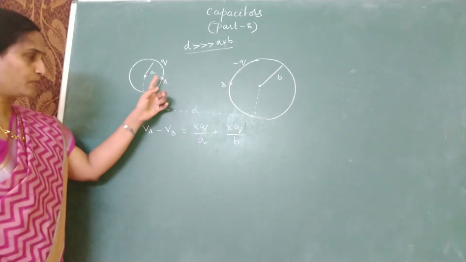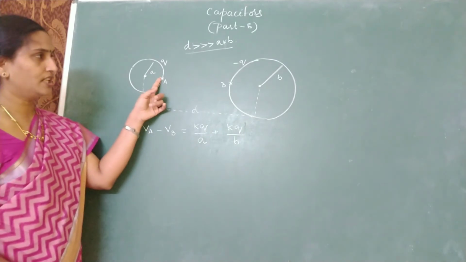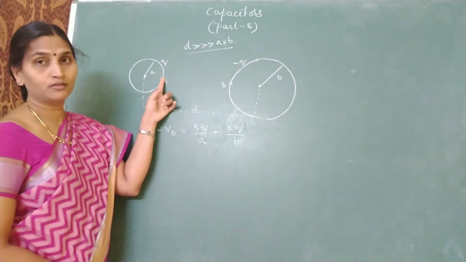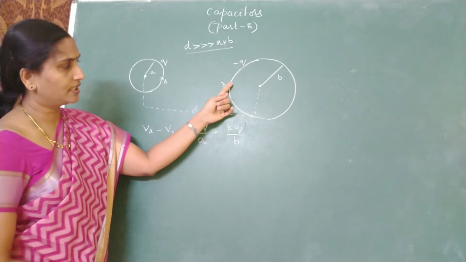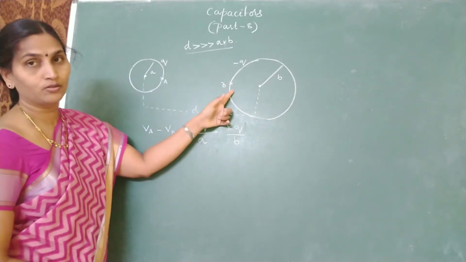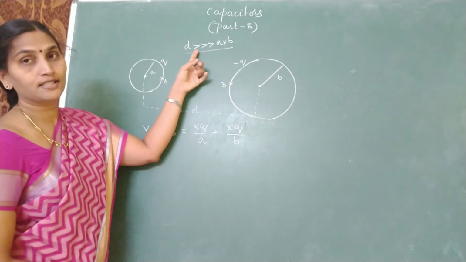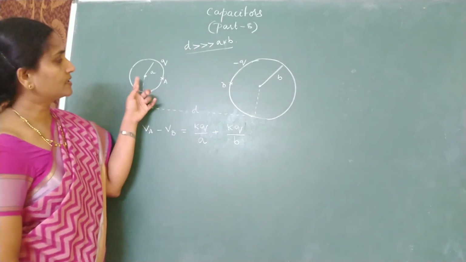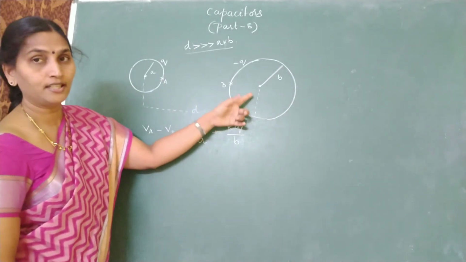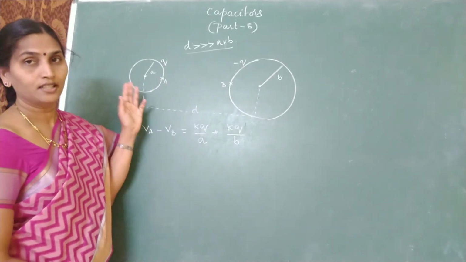And here again I am repeating, we are not taking potential at B because of minus Q, and we are not taking potential at this point because of plus Q, making use of this condition. Since distance is very large, the first charge is not going to influence the second, and the second is not going to influence the first.